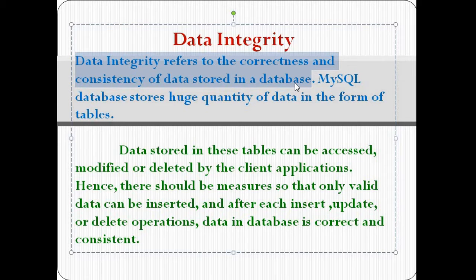If we can't maintain integrity of data inside a database, we will see different types of anomalies or errors coming out of such databases. That's why data integrity is a necessary step towards storing the correct and the consistent data inside a database.